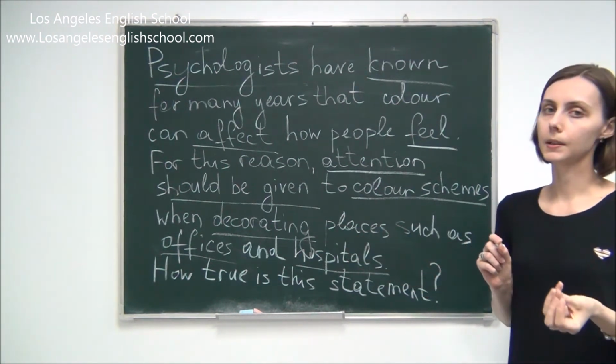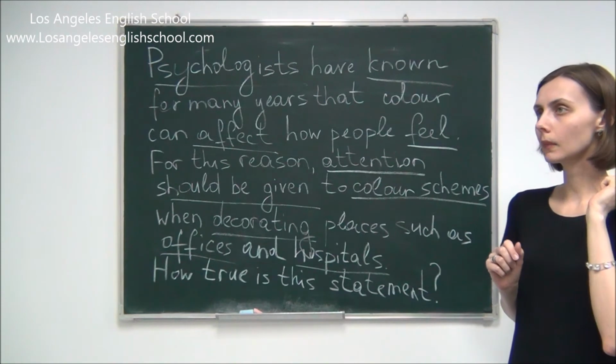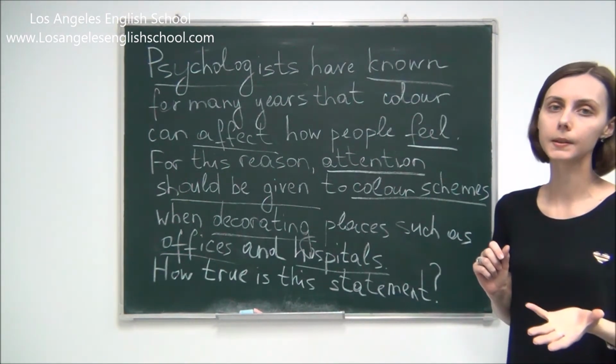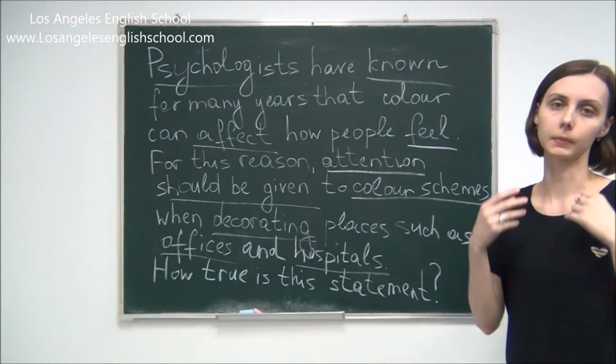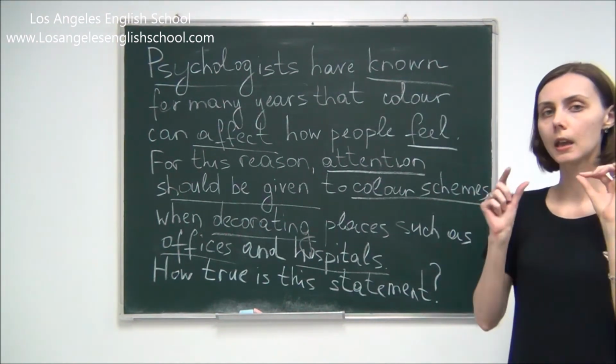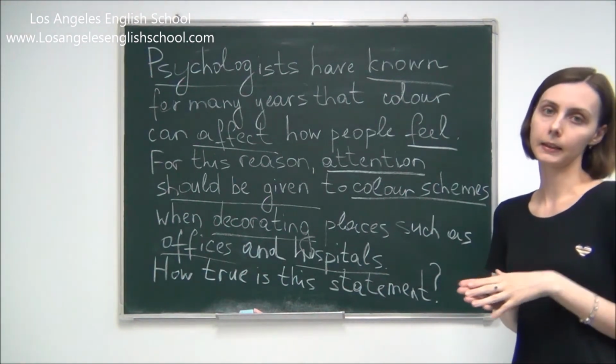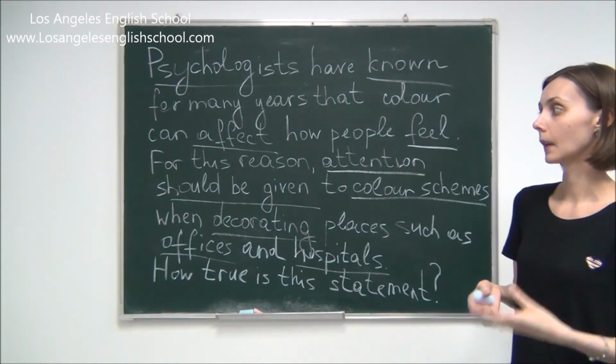So the next sentence would be: if you agree completely, you can say "I completely agree with this statement." If you disagree, you can say "I completely disagree with this statement." You say your opinion. So I would write "I completely agree."